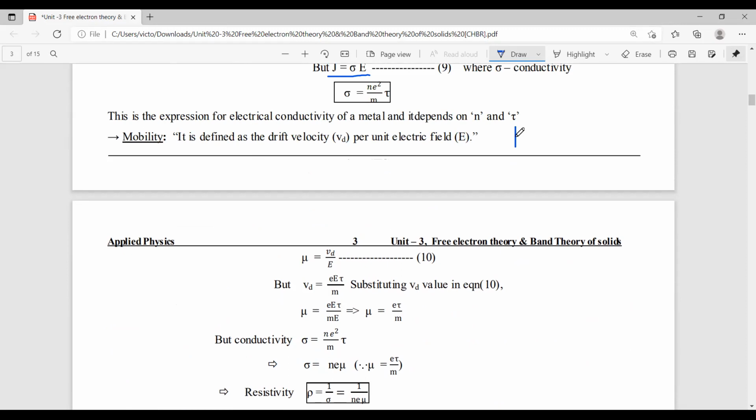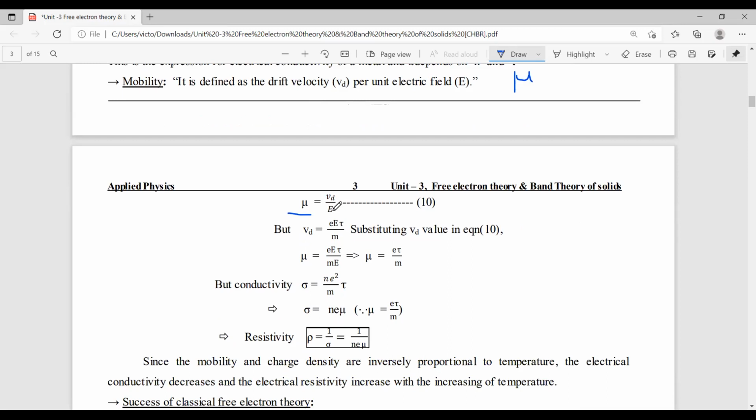Mobility is indicated by the letter mu. Mobility is drift velocity per unit electric field, that is mu equals Vd by E.